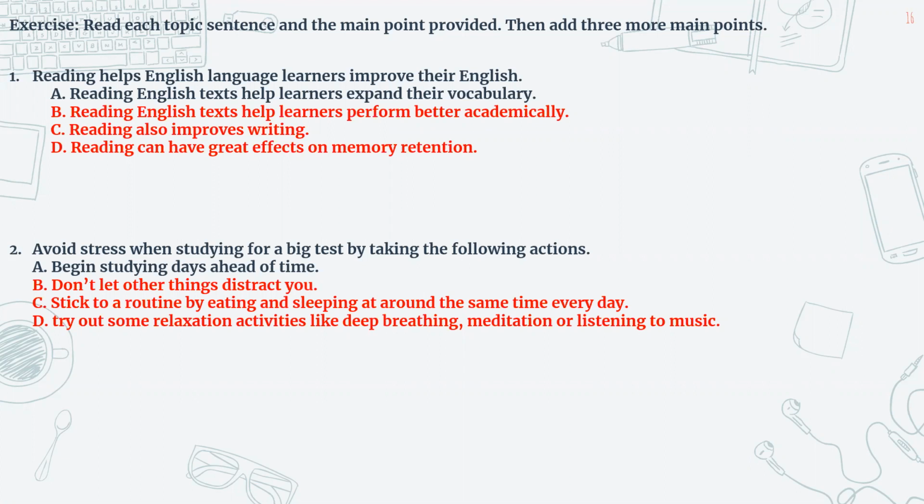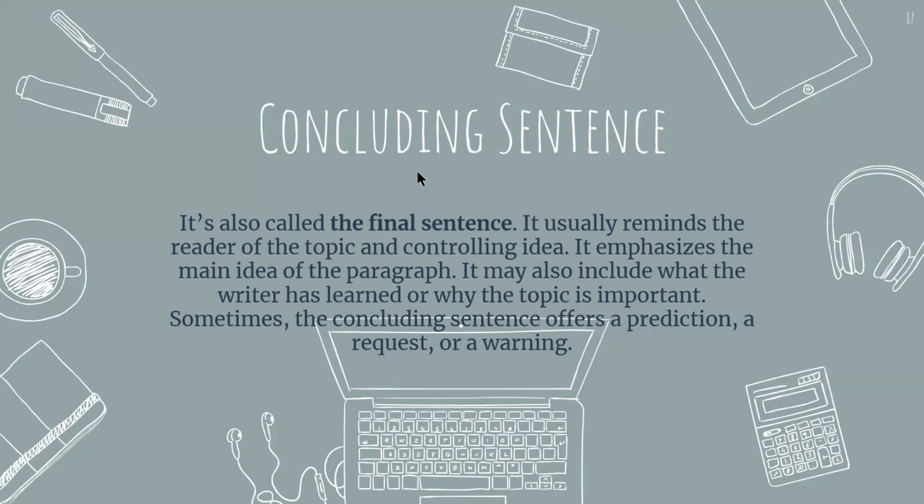Okay, so let's move on to the concluding sentence. As you can see on the screen, it's also called the final sentence. It usually reminds the reader of the topic and the controlling idea.